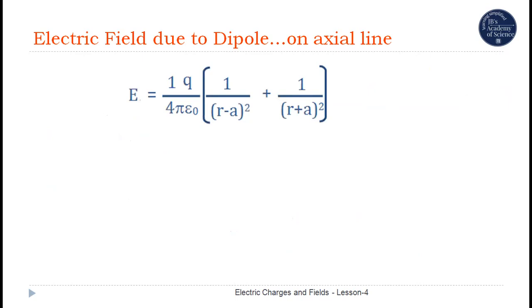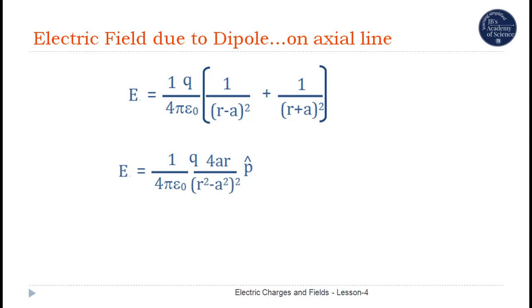That is 1 by 4 pi epsilon 0 q can be taken outside the bracket. E is equal to 1 by 4 pi epsilon 0 q into 1 by (r minus a) whole square plus 1 by (r plus a) whole square. Simplifying this, E is equal to 1 by 4 pi epsilon 0 q 4ar divided by (r square minus a square) the whole square into p cap, where p cap is the unit vector in the direction of the dipole moment.